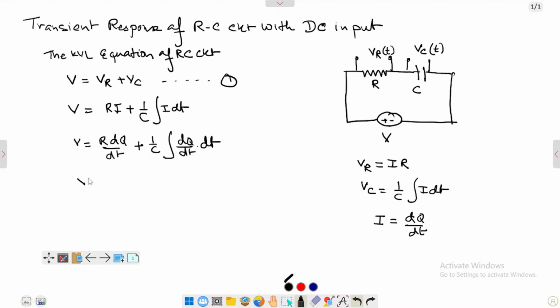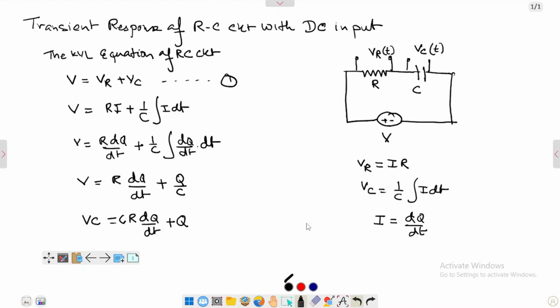So this equation now will look like this: R dq by dt plus q by C. So I will multiply both sides by C. So if I multiply the left hand side and right hand side by C, I got VC equal to RC dq by dt plus my q.